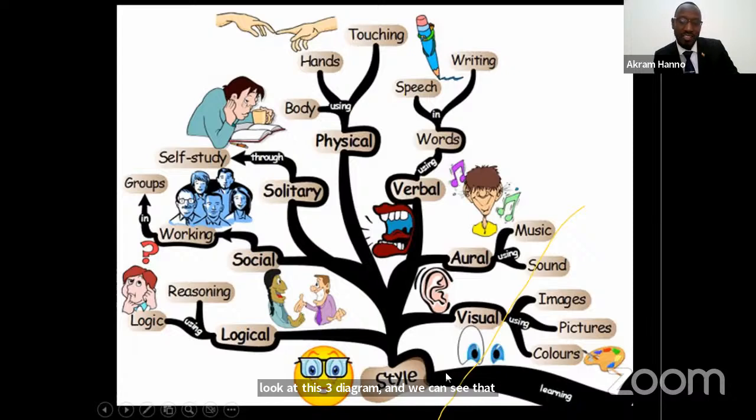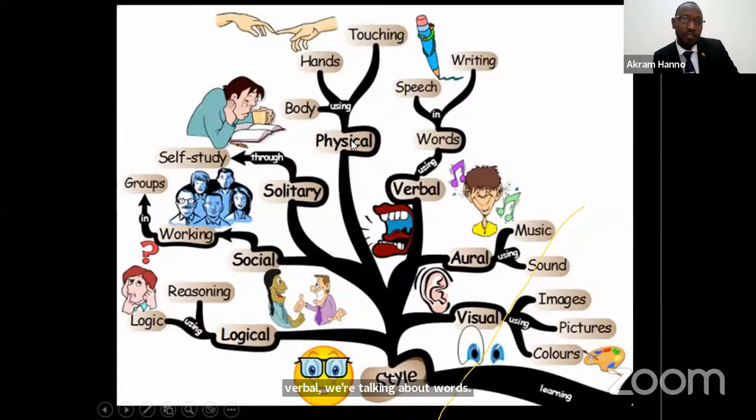So we are going to look at this tree diagram, and we can see that when talking about learning style, the first one is visual, using images, pictures, or colors. Oral is using music or sound. Verbal is words, speech, and so on.